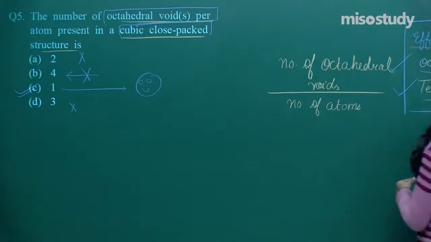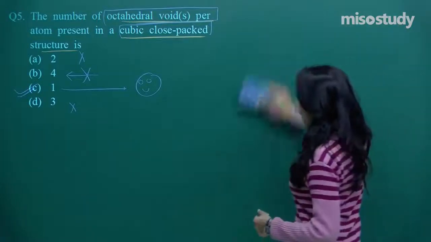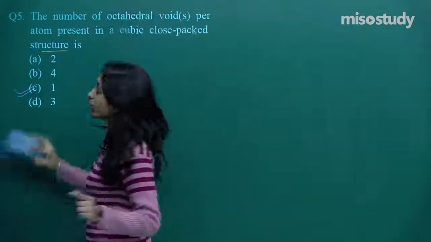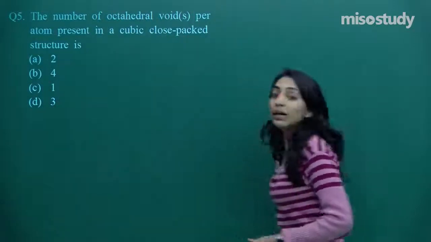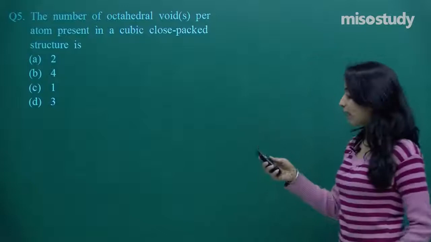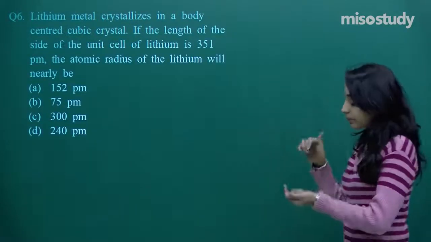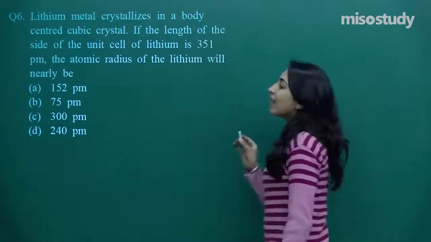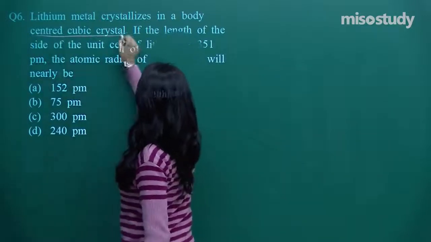Okay guys, so having done with this particular thing, let us now move on to the next question, which is question number 6. So half of the lecture is almost done. Another 5 questions are waiting for you. Let us pick up all the questions one by one. So question number 6, what does it say? It says that lithium metal crystallizes in a body-centered cubic crystal.